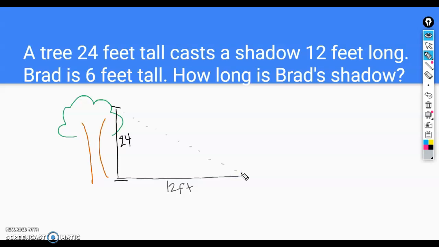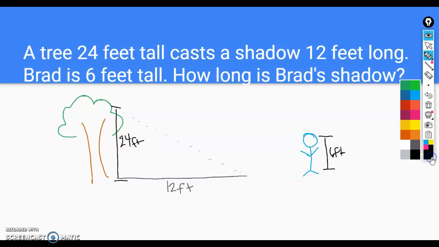Okay, then we're going to have Brad. Brad is 6 feet tall. And he's casting a shadow of X feet. We do not know how long it is yet. And then you can see here is that triangle. So like I said, you could get as elaborate with your picture as you want, or you could just draw your 2 triangles, whatever works.